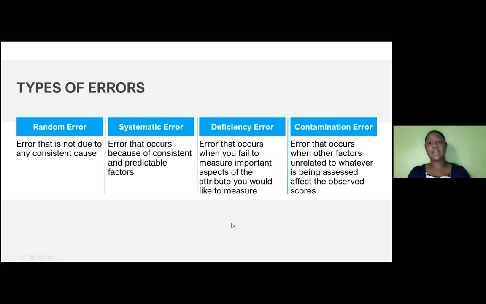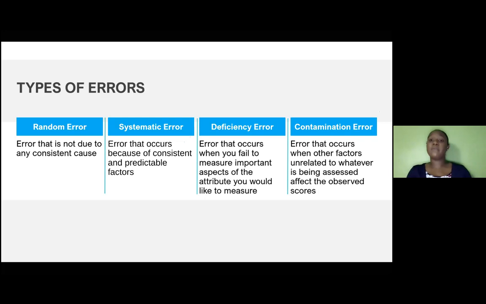And lastly, contamination error. And this occurs when factors that are unrelated to what we're trying to measure or assess are being observed in our results. So for example, if a rater, and I know we all remember rater biases from previous classes where we talked about halo effect and stereotypes, similar to me, etc. So let's say a rater is judging a candidate, right?